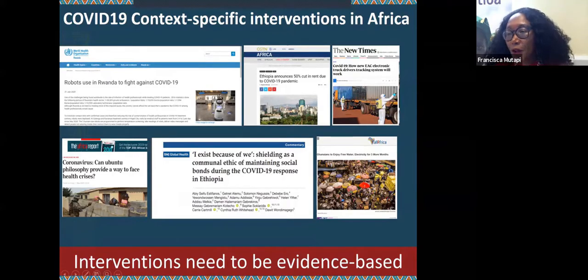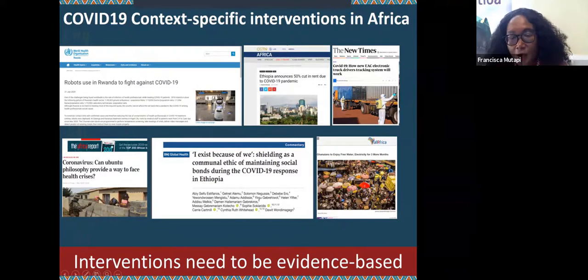We've seen the response by the trucking industry to get truck drivers tracked electronically, particularly to track infections, since a lot of these work cross-border. But we've also drawn on some of Africa's cultural practices in order to mitigate COVID-19 in communities.